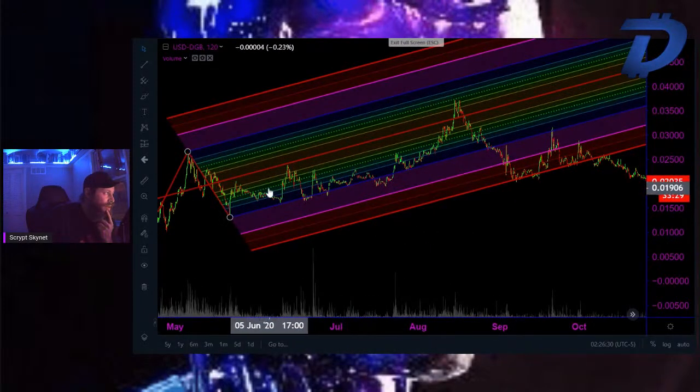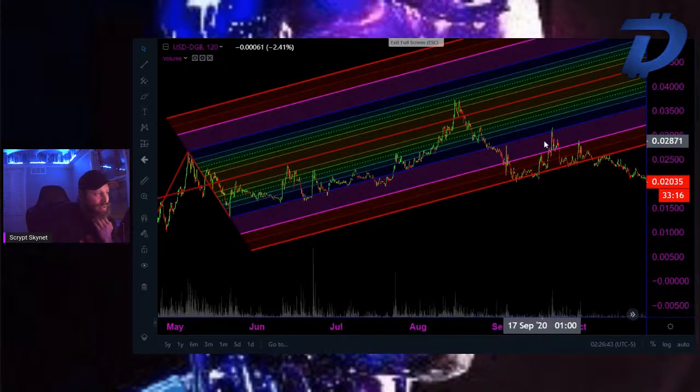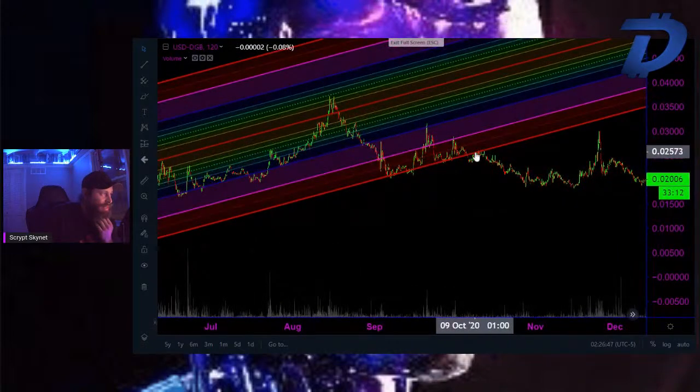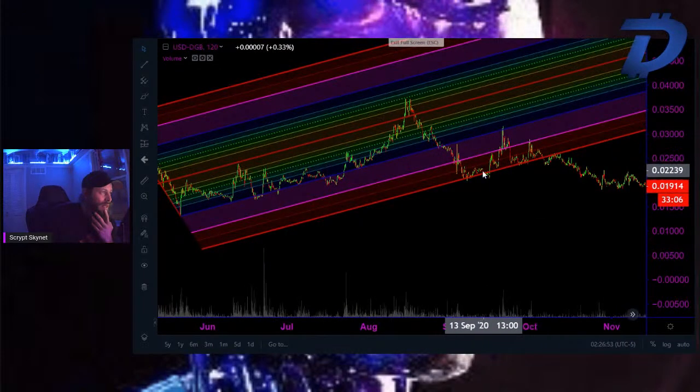Now it goes, DigiByte got rejected here, hangs out in these channels, tries to blow past it, and then gets rejected over here. And then kind of capitulates, consolidates within these ranges. And then finally, it came out, right? So, yeah, there's no support here, and it fell through.